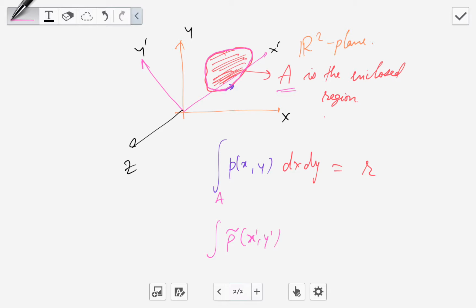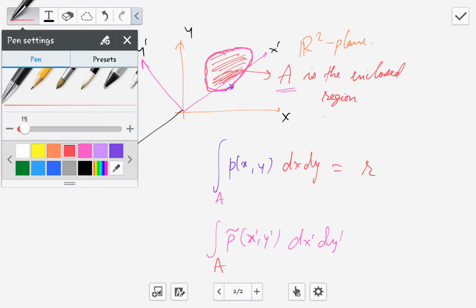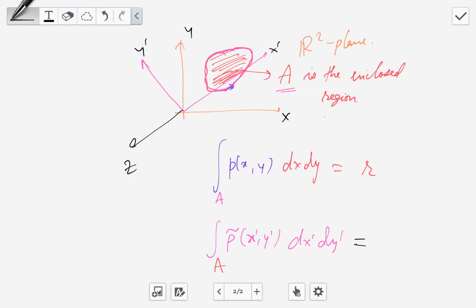Then I have dx dash and dy dash, and the area is again the same. Now what will this integral evaluate to? Same r, because area is invariant whatever my coordinates are.